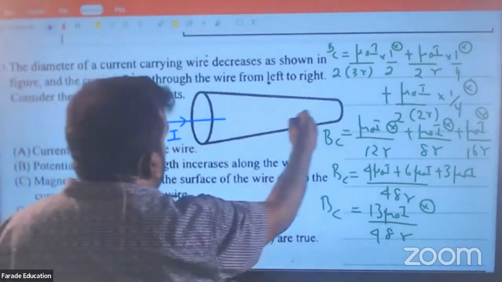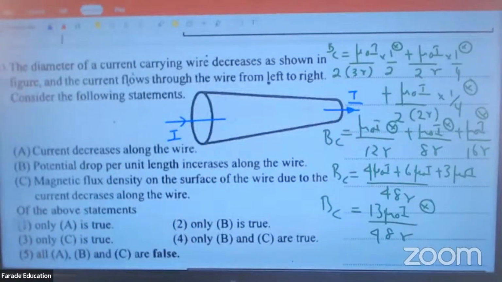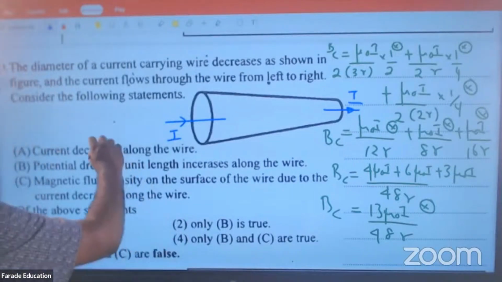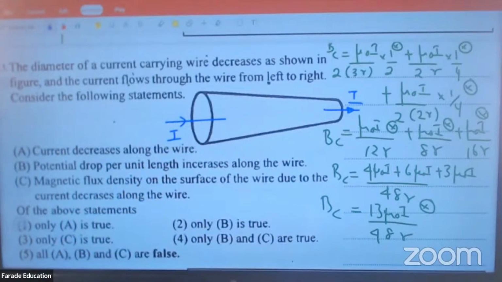Current decreases along the wire. So whatever current comes here should go from there. Current decreasing along the wire is highly impossible. A is wrong.